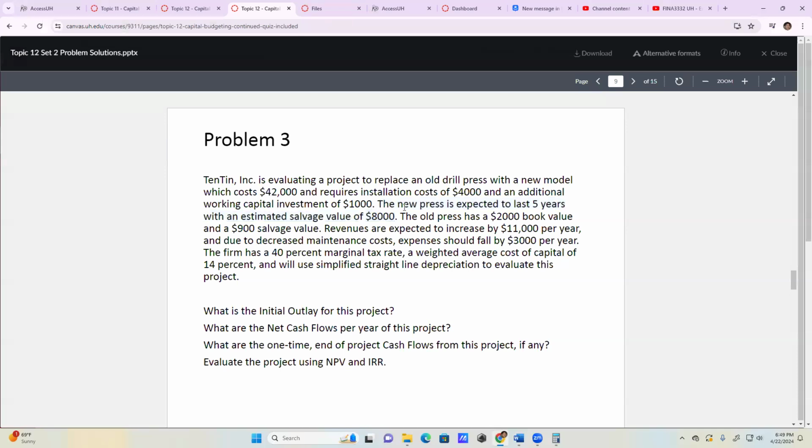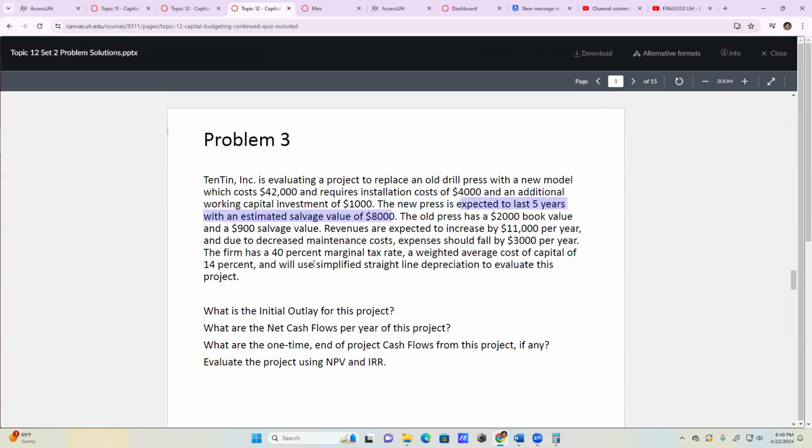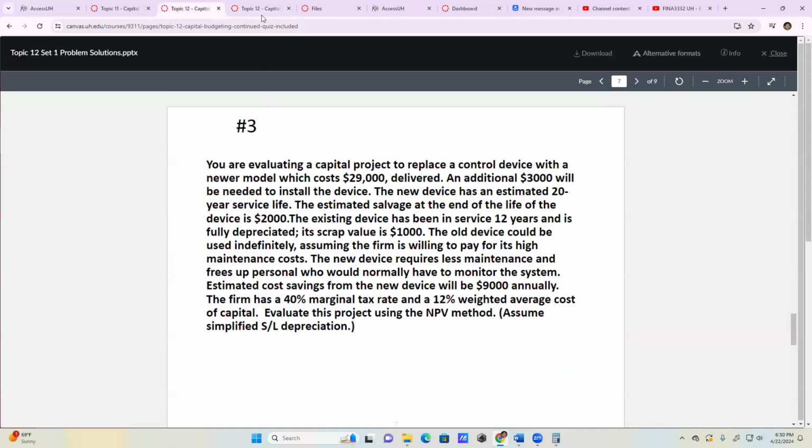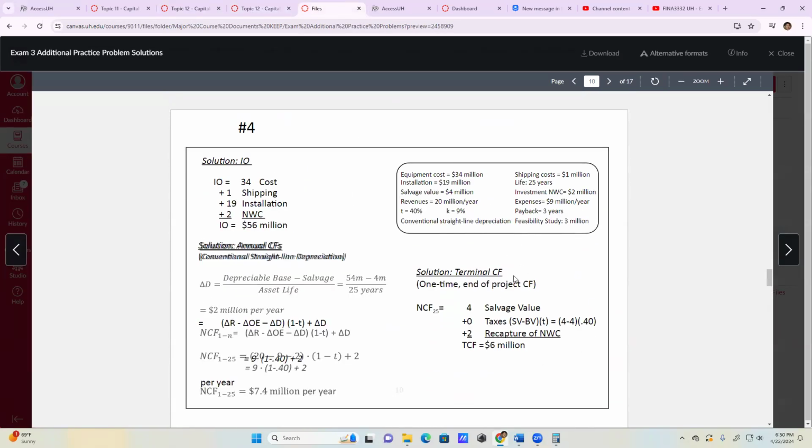However, when they say something like estimated salvage value or expected, something like that, and doesn't give you the book value, then it means it's a 0 book value. If you guys recall on the exam 3 review sheet, where I tried to solve this problem and got 4 million, I don't know where the book value is.